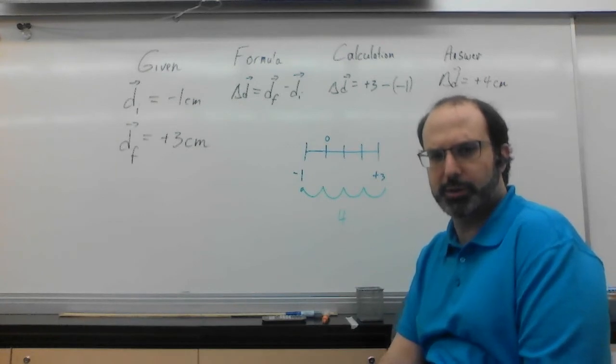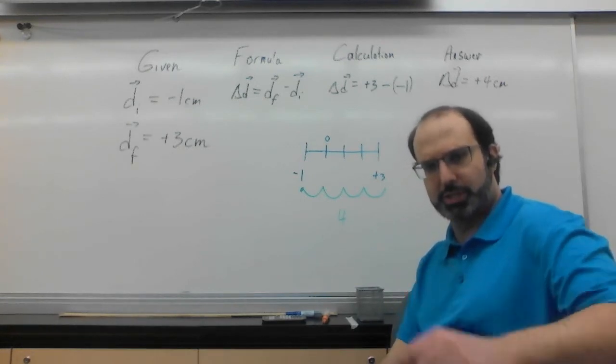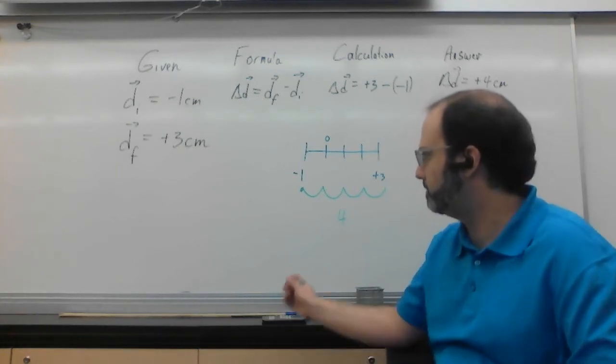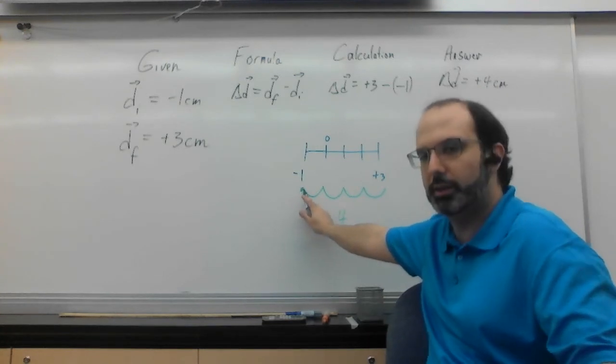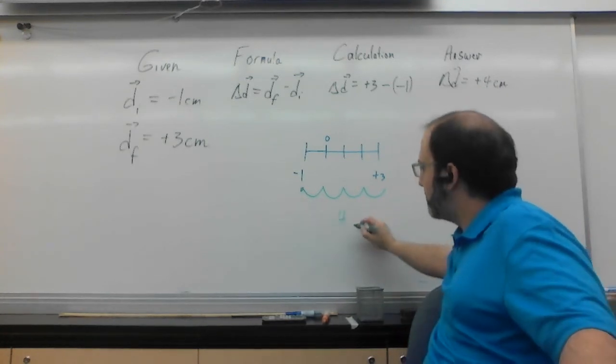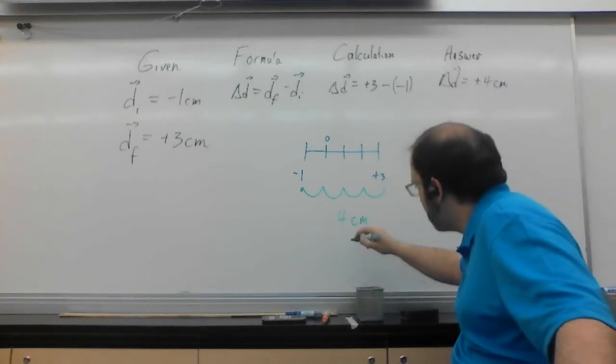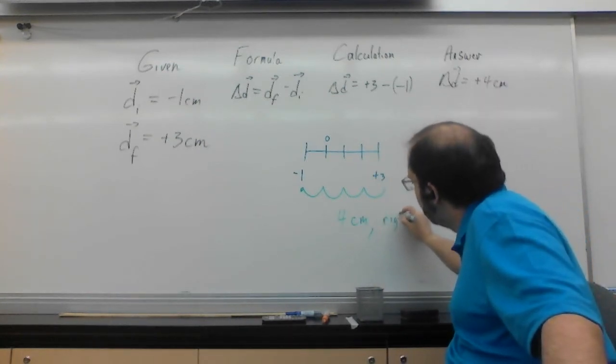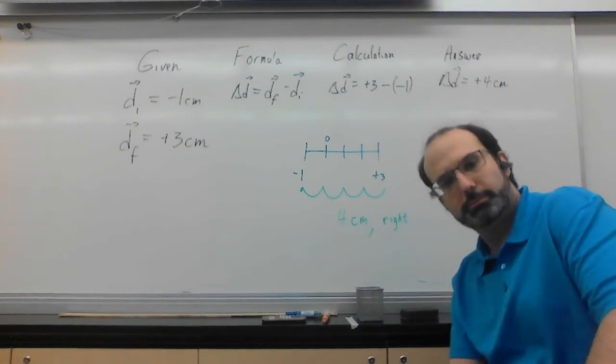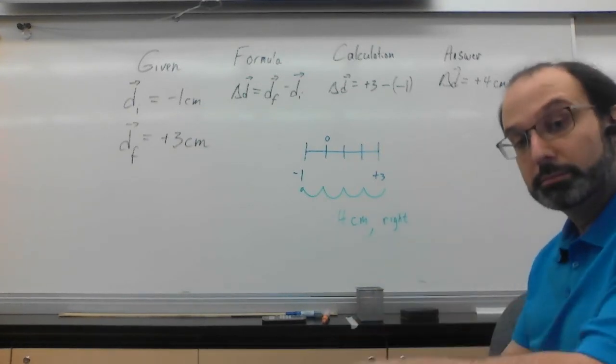All right, story checks out. And if I ask you the direction that we moved, well, you'll notice that I first put the dot here, and then I went this way. So I could say 4 centimeters, because that was the units, comma, right. There's my direction. I went right.